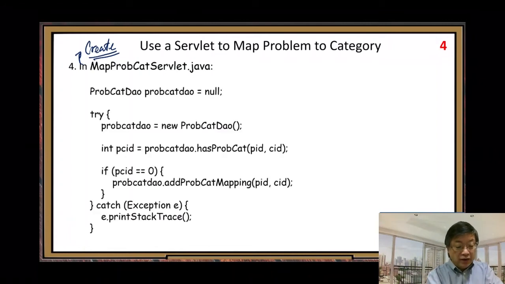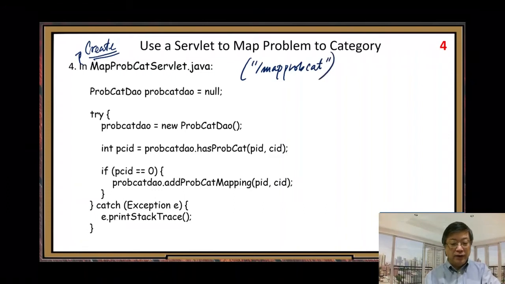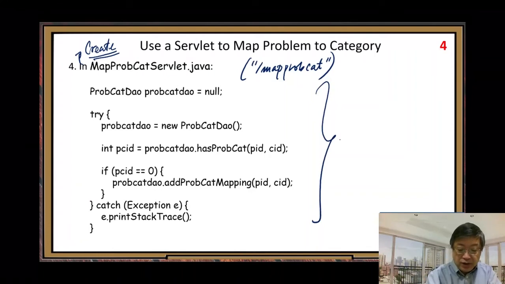So for this servlet, remember the URL pattern we use for the Ajax, map prob cat. That's the URL pattern, right? And this is part of the do post method. Here I show you the main part. Other parts, pretty easy.